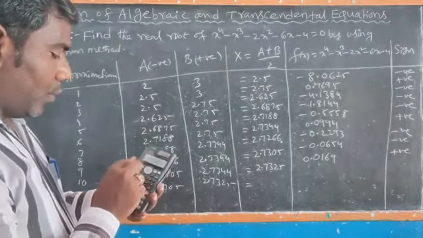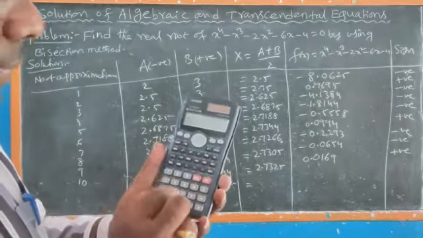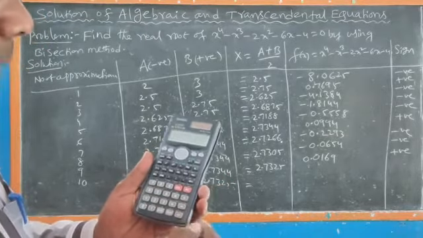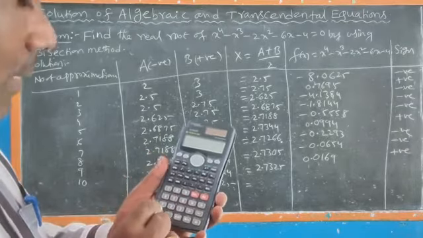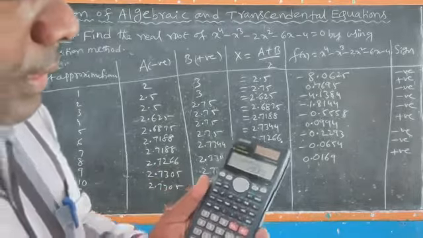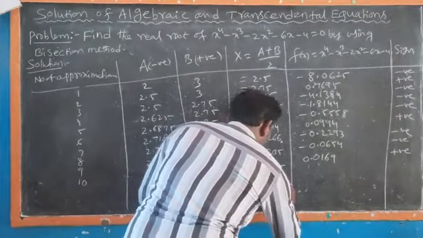Then go back, we get the formula, then a value 2.7305, then b value 2.7325. Then 2.7315.